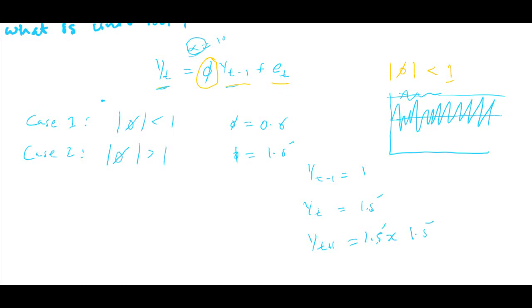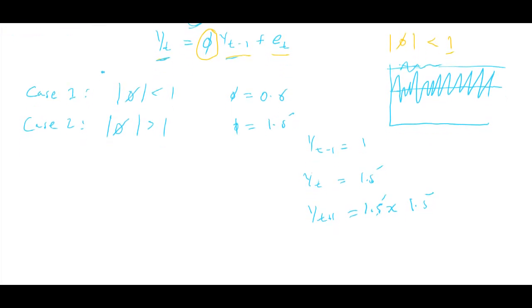So it will continuously increase. It will grow by 50% each time. And if we graph it, we will get an exploding series, where the value will always be increasing, showing a growth rate. So the series will explode. The value of y will continue to rise until infinity. So that is our second case.